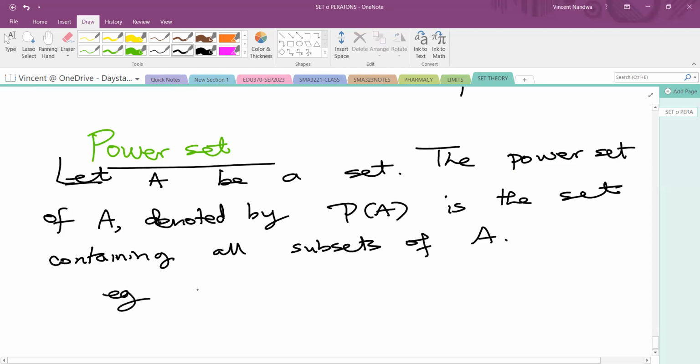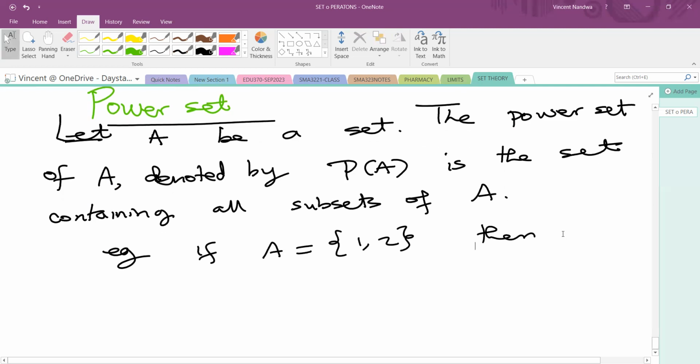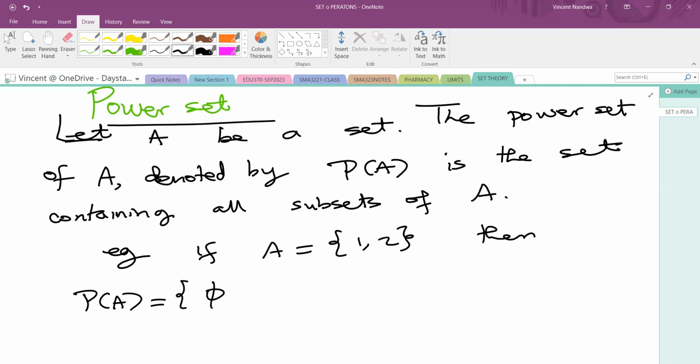So for example, if A equals {1, 2}, then the power set of A will be the set having the elements. Remember, these are sets with two elements. So the subsets can either have the two elements, or one element each, or no element, where we get the empty set.